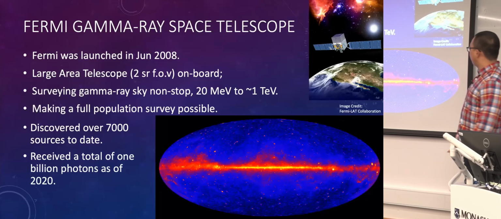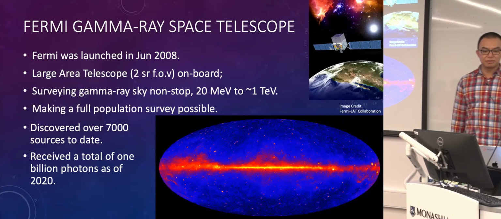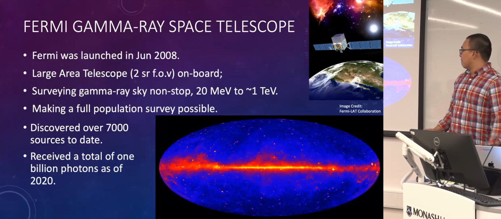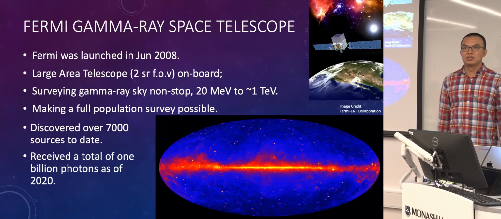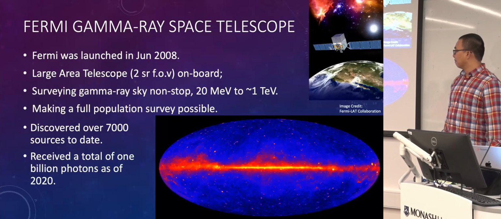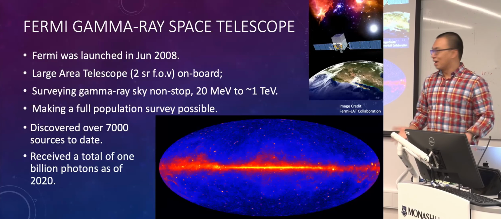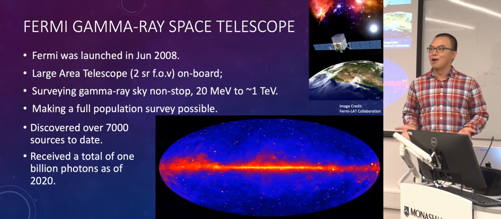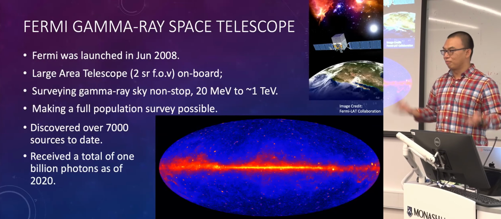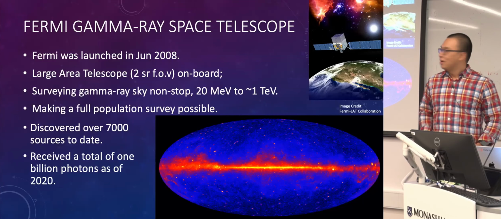So far, Fermi has discovered over 7,000 gamma-ray sources, which was published in its 12-year catalog a few years ago. Doesn't sound like a lot, but if you compare to where the old gamma-ray space telescopes come from, that's actually a very large number.